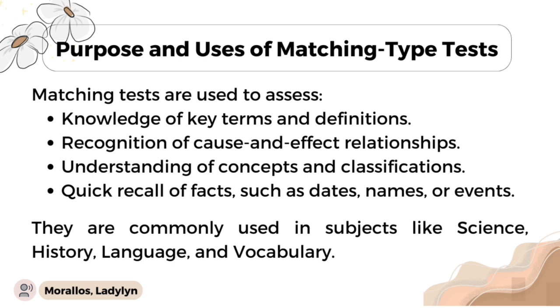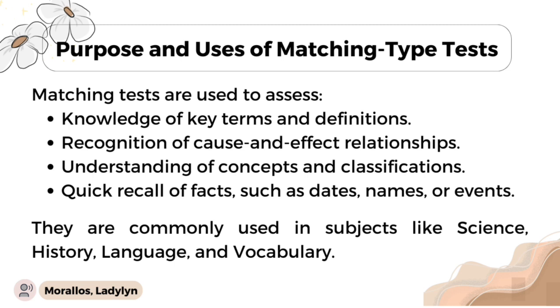The last one is quick recall of facts such as dates, names, or events. Students often need to remember specific facts quickly, like the name of a person or the date something happened. Matching tests make it easier to check this kind of memory because students just need to find and link the right pair, not write full answers.